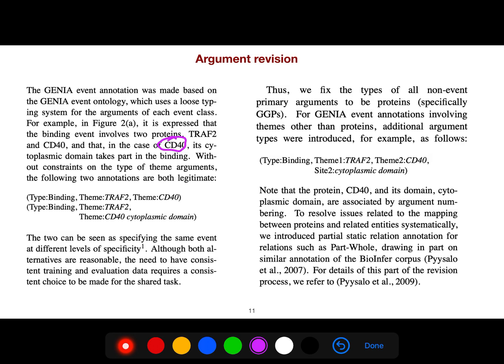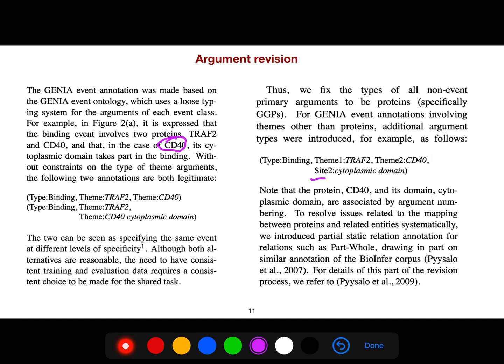Without constraints on the type of theme arguments, the following 2 annotations are both legitimate. Thus, we fix the types of all non-event primary arguments to be proteins. For GENIA event annotation involving themes other than proteins, additional argument types were introduced.